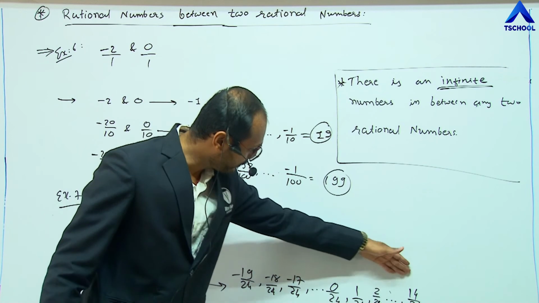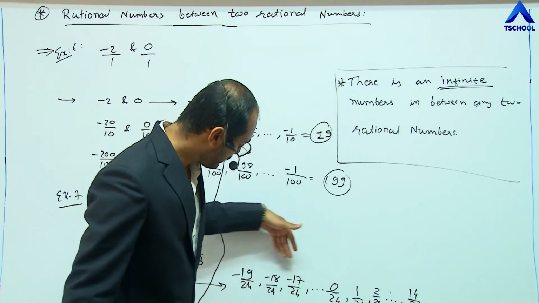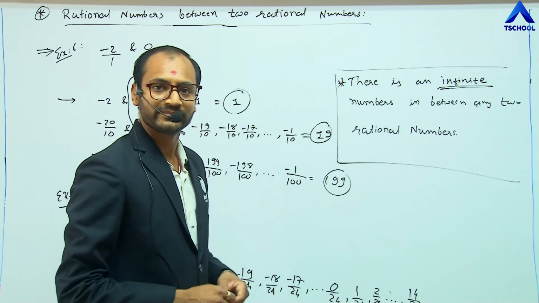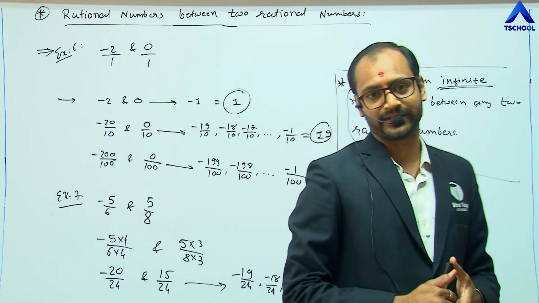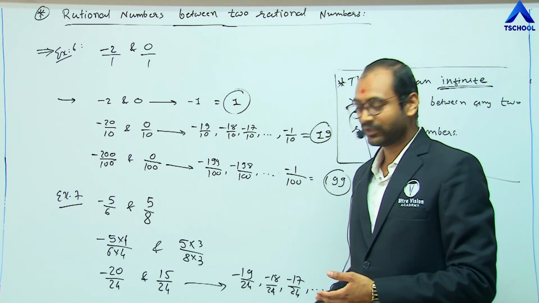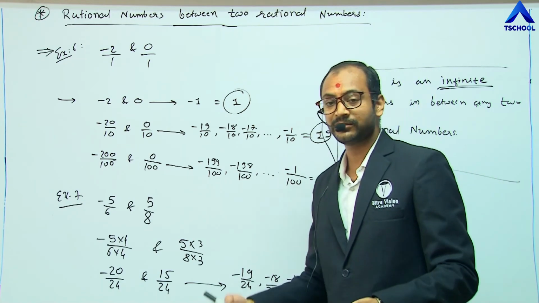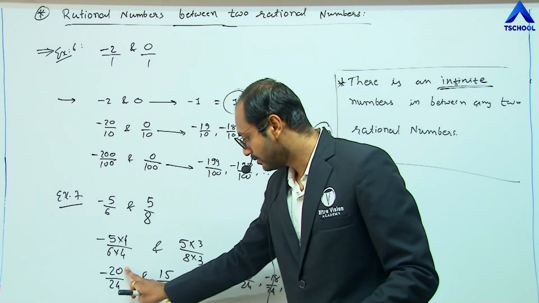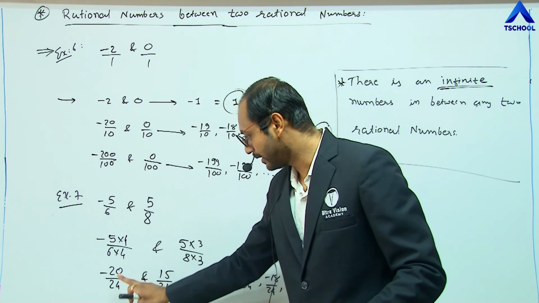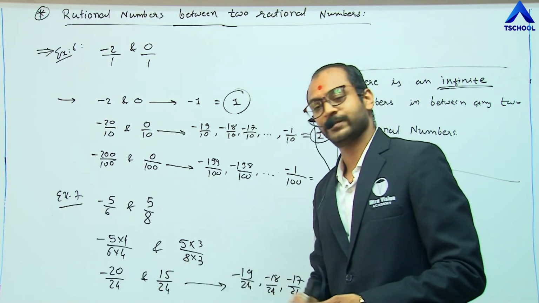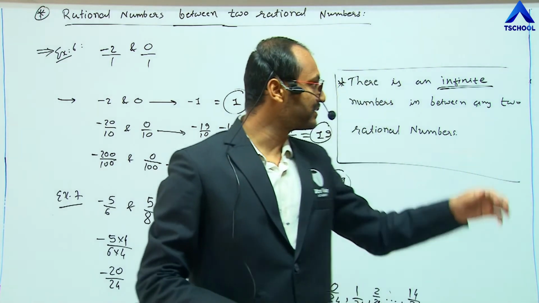So 14 plus 19 plus 1, that is 34 rational numbers are there, but it is not finite, because we can write another rational number in between these two by multiplying the numerator and denominator by 10. We can write more rational numbers in between these two. So the final answer is infinite.